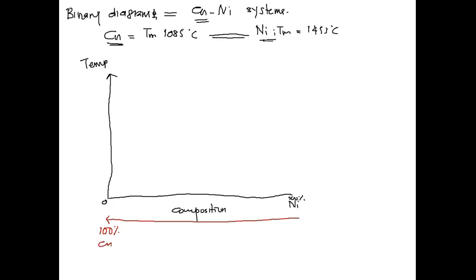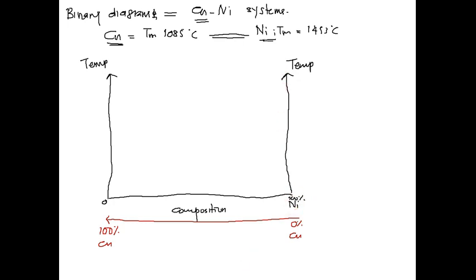At 100% of nickel you have 0% of copper. So it means that at this axis, the temperature is purely copper, while at the y-axis at this end, the temperature will be purely based on 100% of nickel.